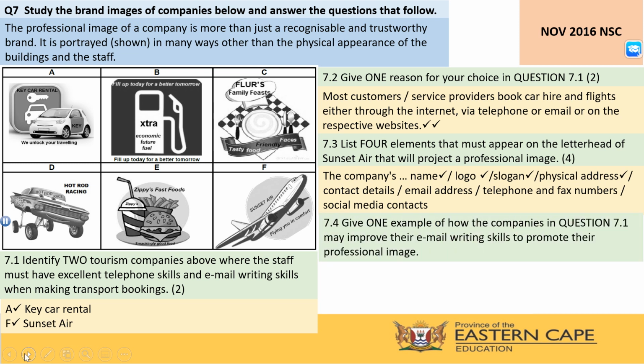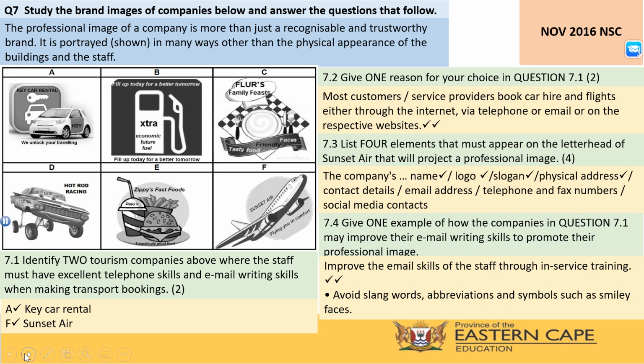Then we have the last question that's based on this example. Give one example of how the companies in question 7.1 may improve their email writing skills to promote their professional image. What is being required of you here? Just break the question down. How must somebody in the tourism industry, an employee in the tourism industry, improve their email writing skills? That's the essence of what is being asked here.